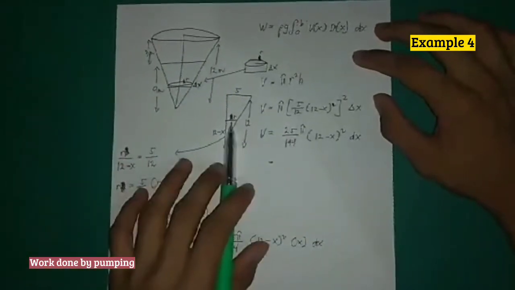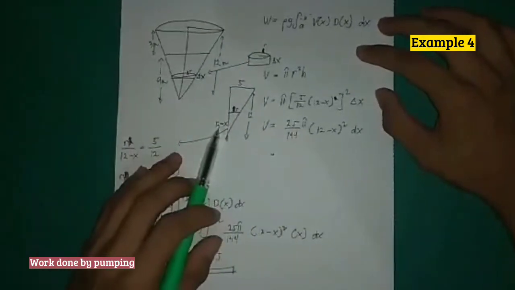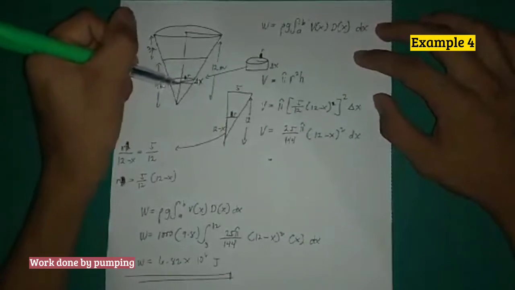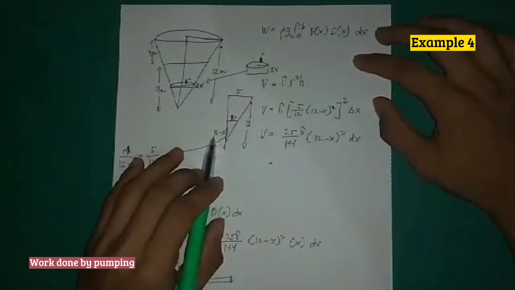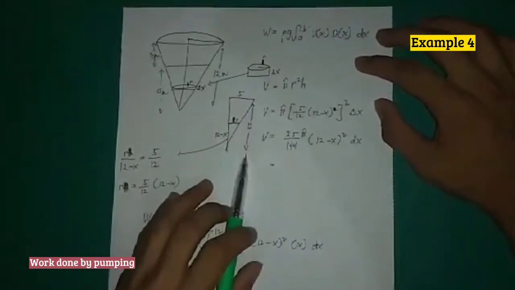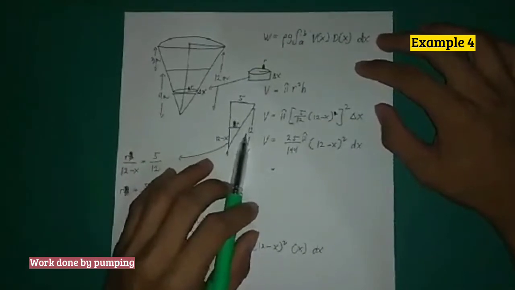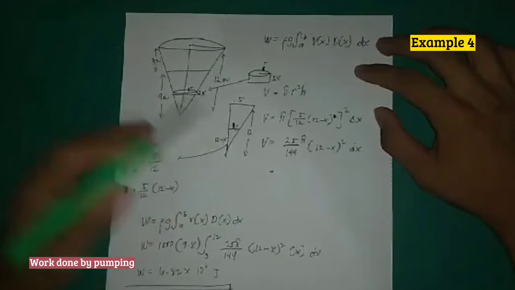So there is the r, which is this. Then the measurement of the height here is 12 minus x, since the overall height is 12 and our radius is 5, which is the r.